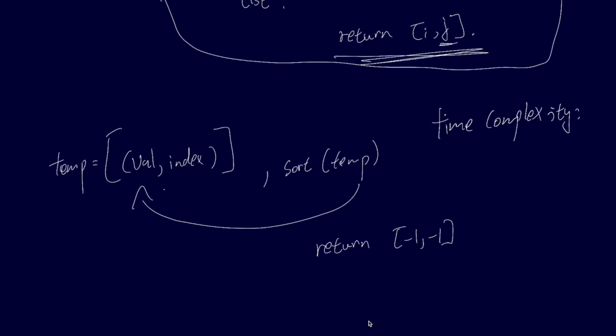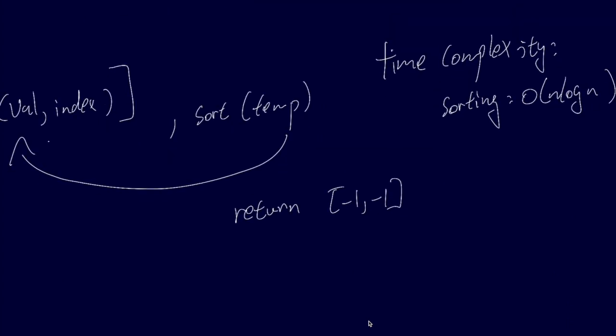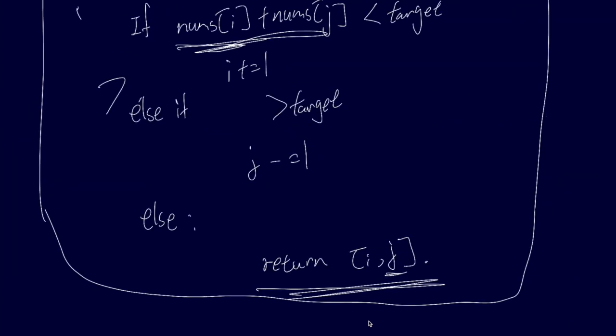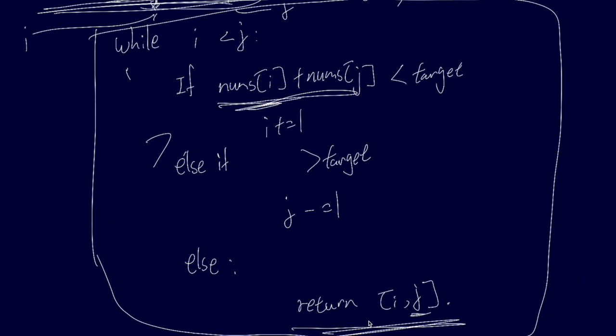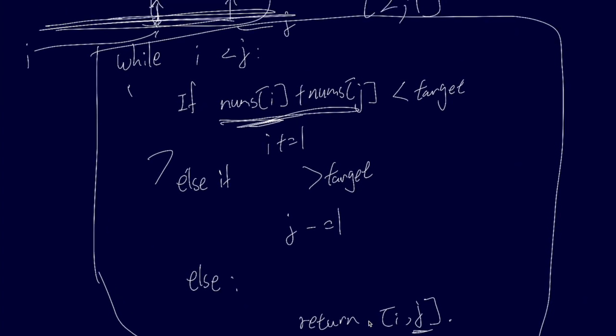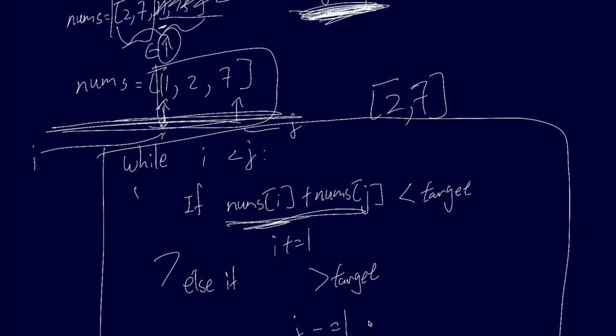So for sorting, we have O of n log n. And for shrinking the searching range, we're just moving the pointers from left to right and right to left, right?